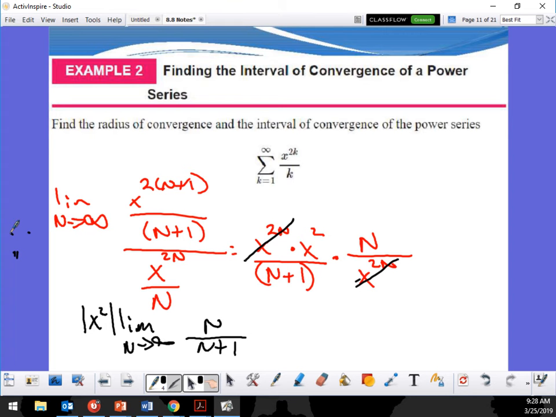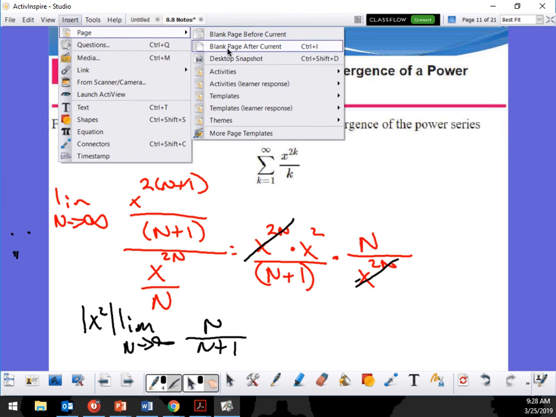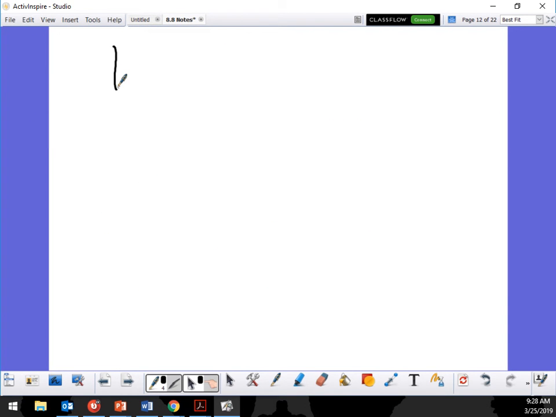What's that going to be? Anything less than 1. So now I have the absolute value of x squared less than 1, so I want it to be less than 1 here. So from here, x is less than 1 and x is greater than negative 1.